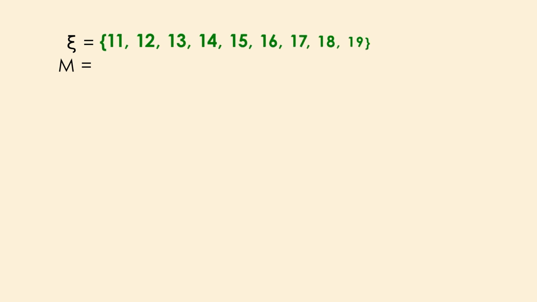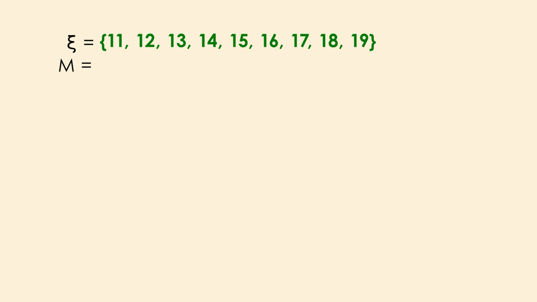List down the elements of the universal set by using listing. Elements of universal set are 11, 12, 13, 14, 15, 16, 17, 18 and 19.